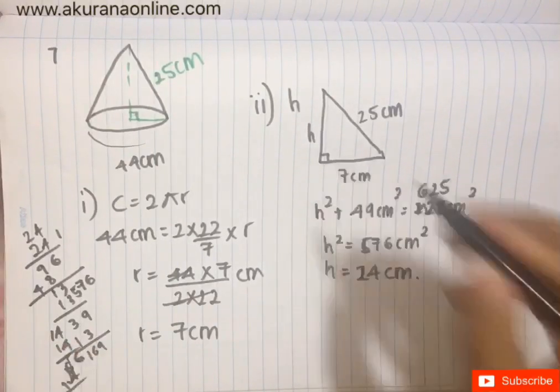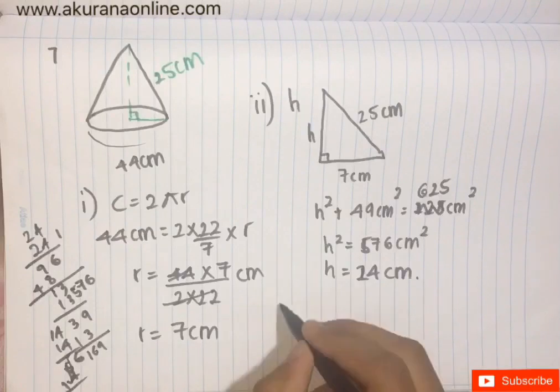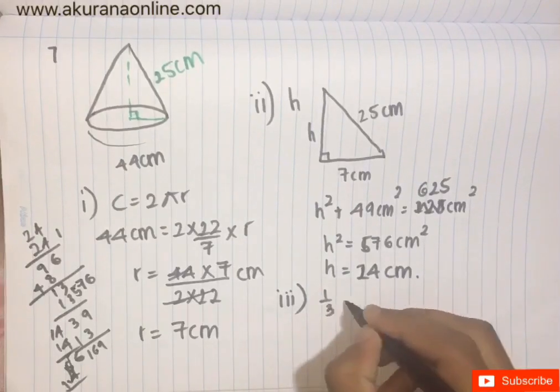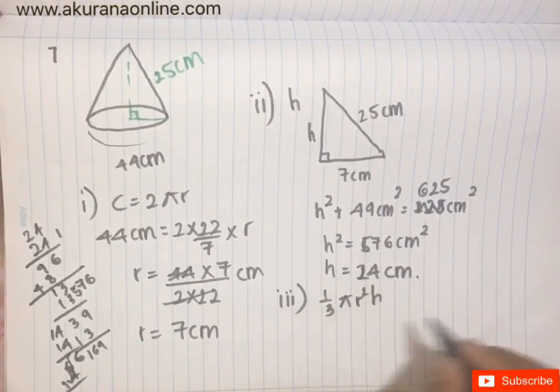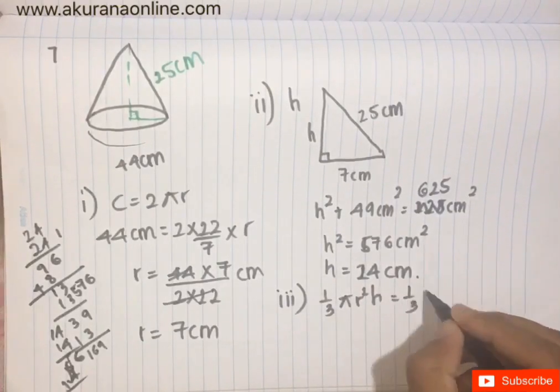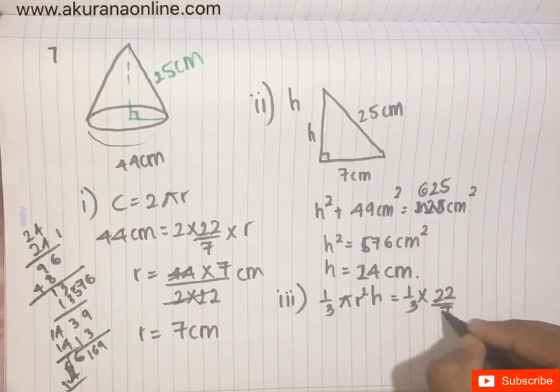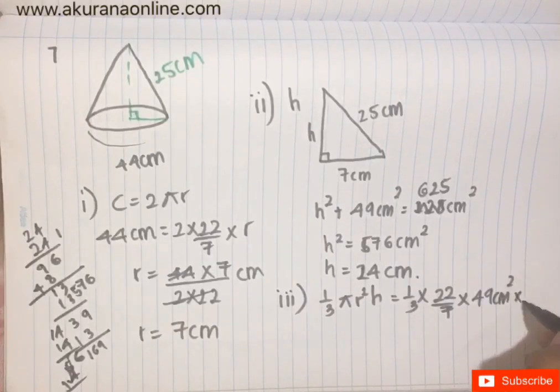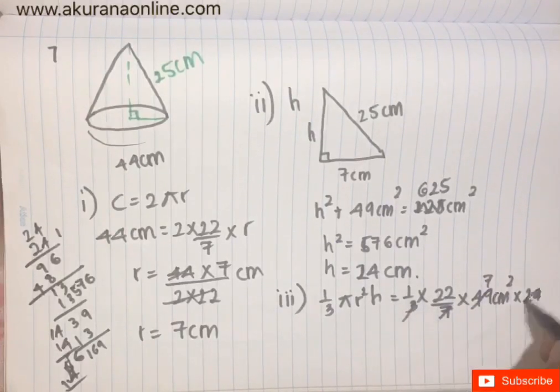Clear? Therefore, you can find the height. Finally, they are asking you to find the volume. What is the equation you have to use? You already know the equation, I have already taught you. That is 1 over 3 pi r squared h. Now you can substitute 1 over 3 into 22 over 7, r squared is 7 squared, and the height is 24. So here you get 7, here you get 8.